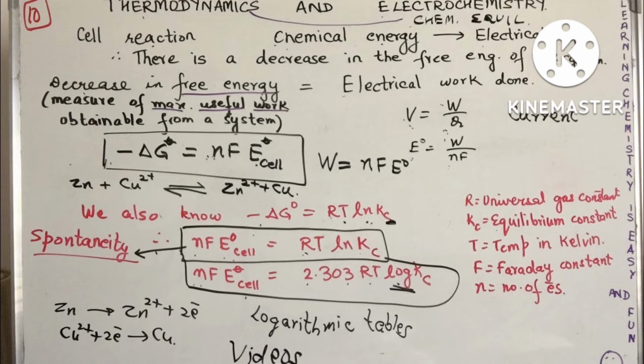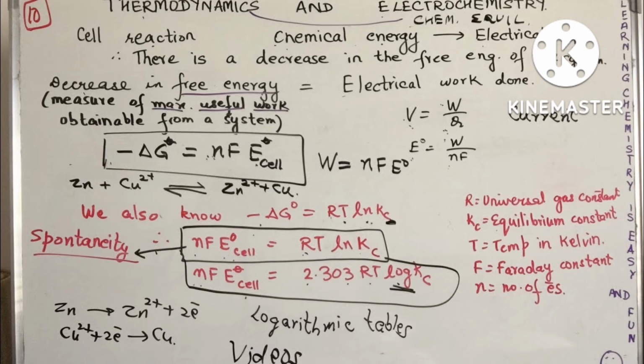If Kp for the conversion is 2.47 into 10 to the power minus 29, then you have to calculate the delta G value.